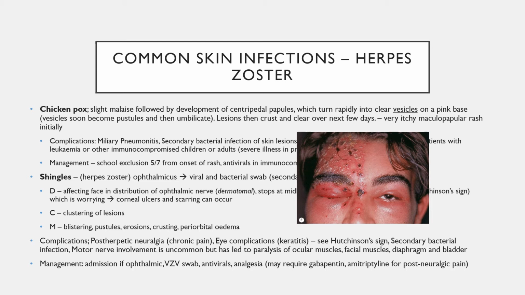With tinea capitis, you tend to go straight to oral, so that's griseofulvin, and the main side effect of this, interestingly, is loss of taste. People will often complain when they're on this medication for quite a long time because they can't really taste anything. That's just some images of different types of nail involvement and what that can look like.